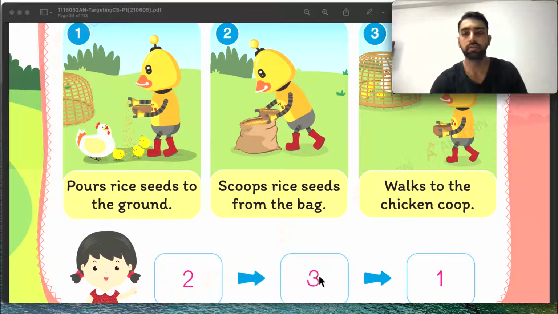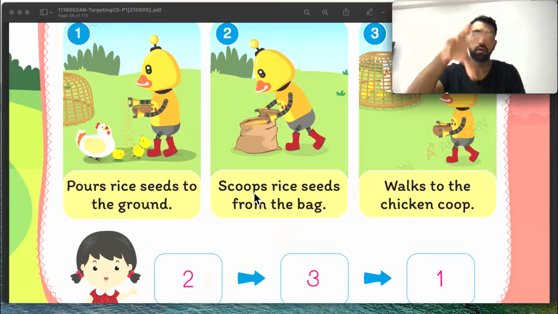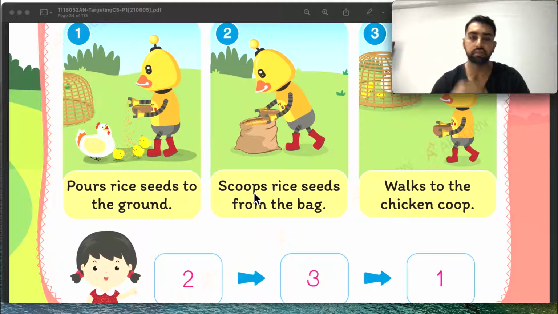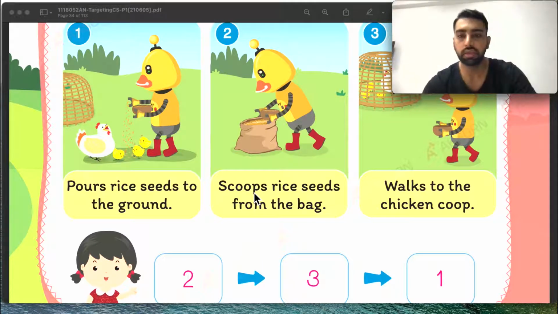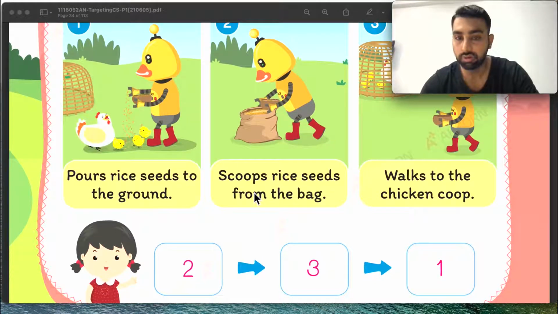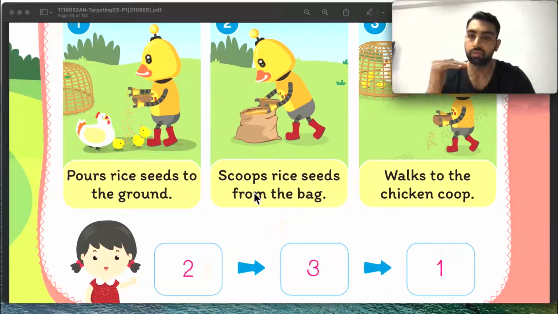And then number 1 is the last: pour the rice seeds on the ground. So these are the steps he has to follow to give the food to the chicken. So this is how we solve a problem in daily life, step by step.